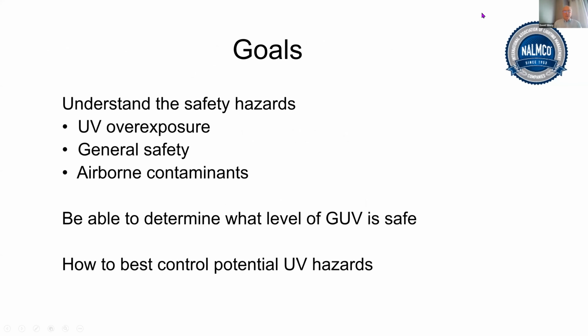The goals in this chapter 6 are to better understand the safety hazards. I introduced some of the concepts of safety in the introduction, but we're going to spend more time in this section talking about what can happen with an overexposure to ultraviolet, general safety measures in addition to UV, and then the safety from airborne contaminants.